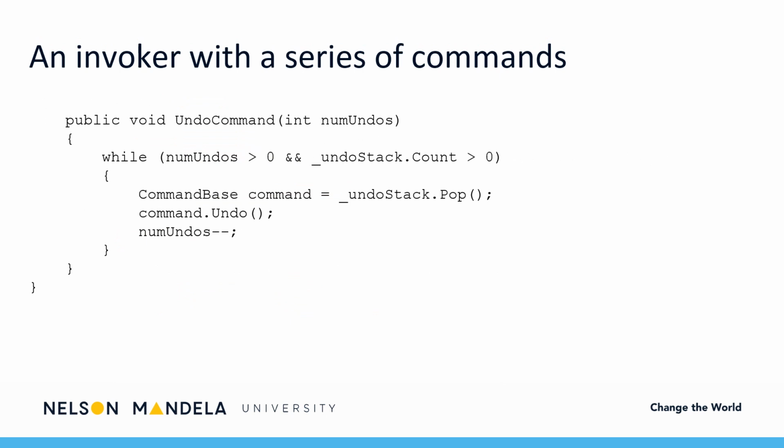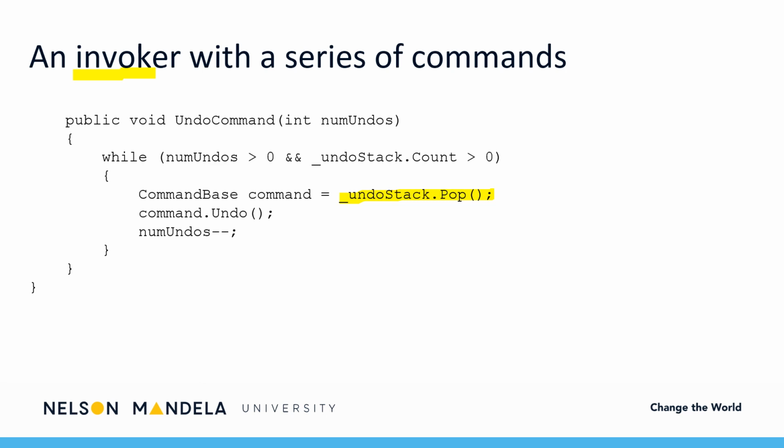And now if you're using the undo, we're still in the invoker class, so we are now going to say, okay, we need to pop whatever method was inserted last in our methods over there.